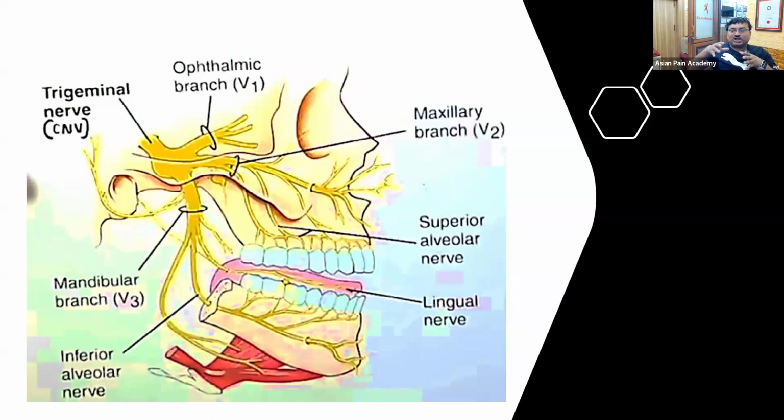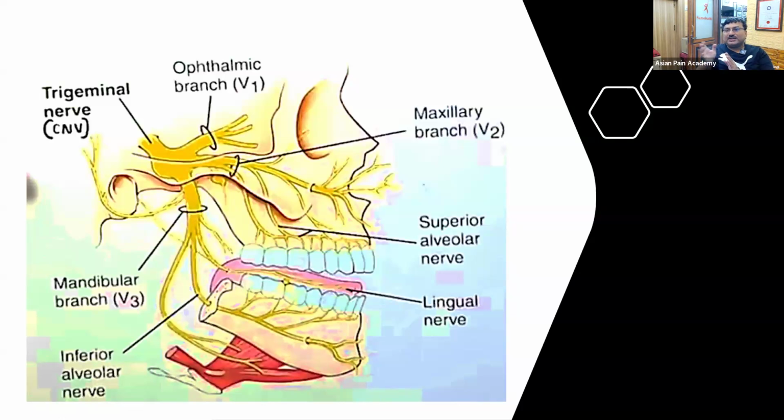The first branch, the ophthalmic division, goes through the superior orbital fissure, and after going through the superior orbital fissure, it divides into three branches. One goes to the lacrimal gland, which is known as the lacrimal.